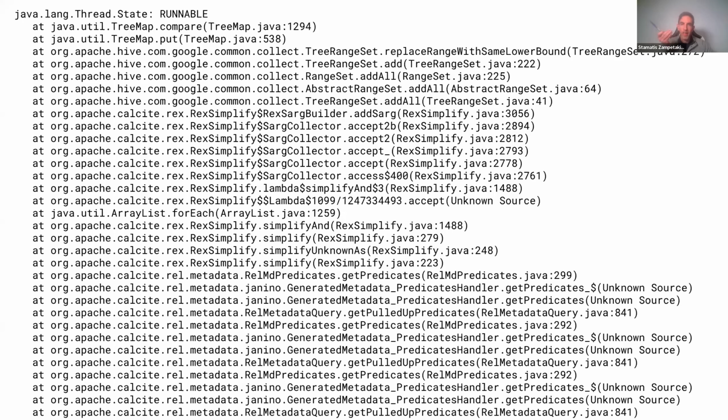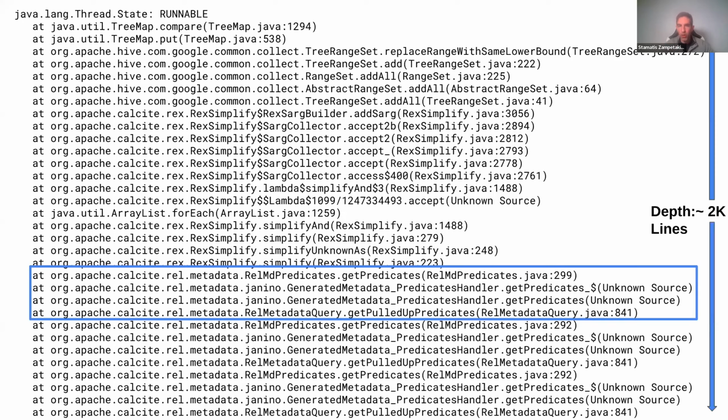If you collect stack traces, in this case, let's say I took a stack trace, you see that it's again huge. You have a stack trace which is 2,000 lines, and it's basically the same thing repeated over and over again. You have a call to RuleMdPredicates, and the same pattern appears like 2,000 times.